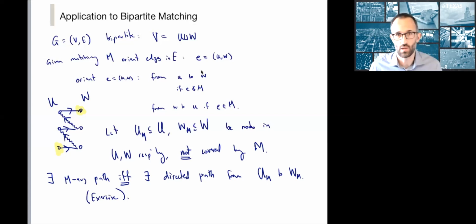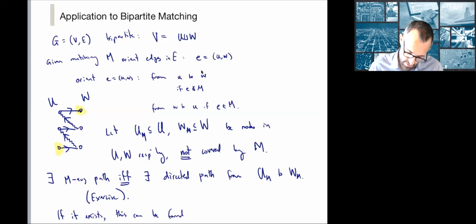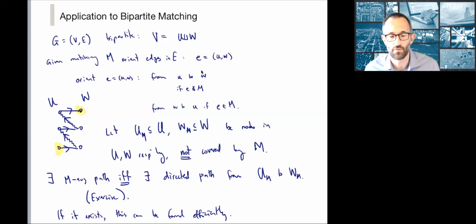But once you convince yourselves of that, this is now in the realm of problems that we have looked at before. We've looked at shortest path, etc. So if it exists, this can be found efficiently. So for a bipartite graph, we can use this characterization of optimality in a very straightforward way, using these two color classes.